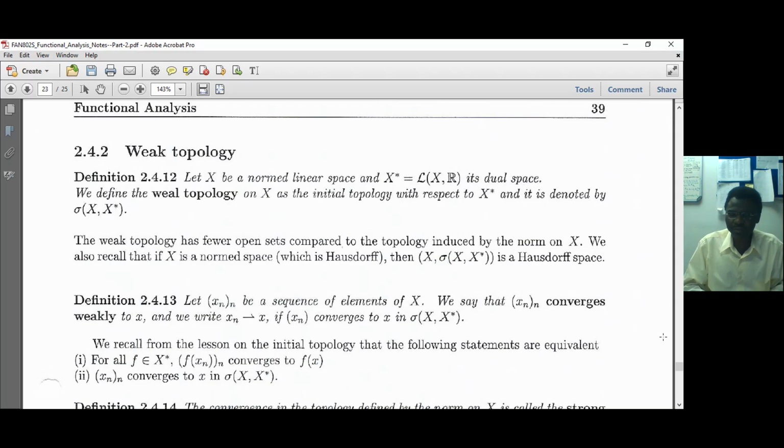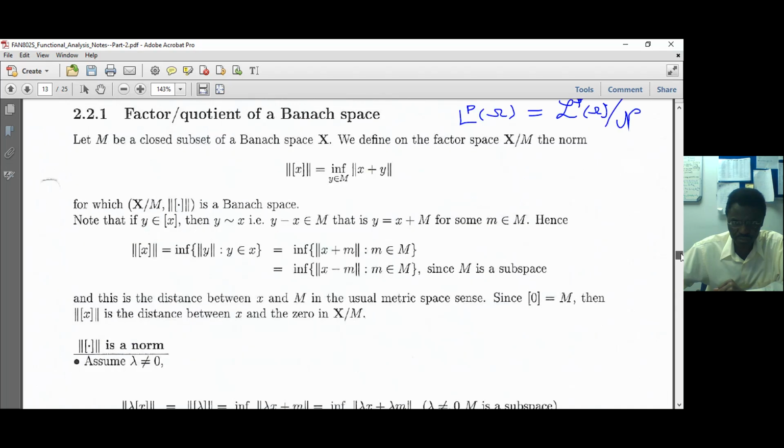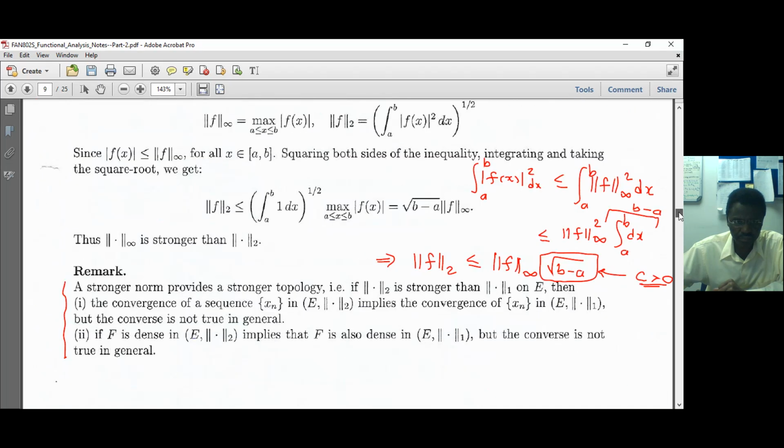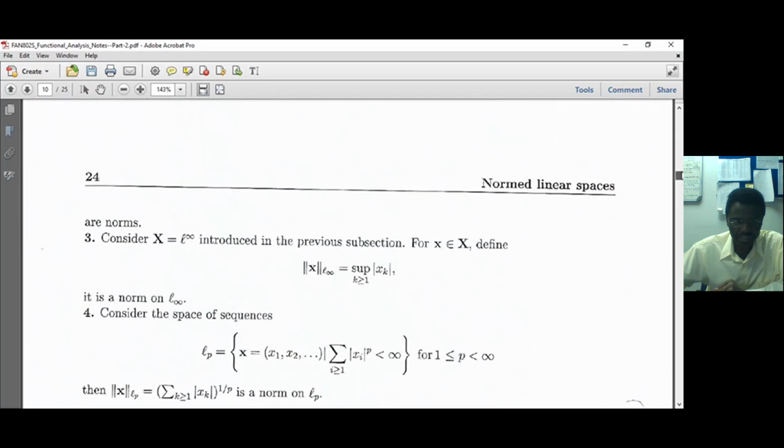Remember when we talked about the topology, when we had a family of functions, we defined a topology for which that family of functions will be continuous. So if you recall, that was after topology by open sets.